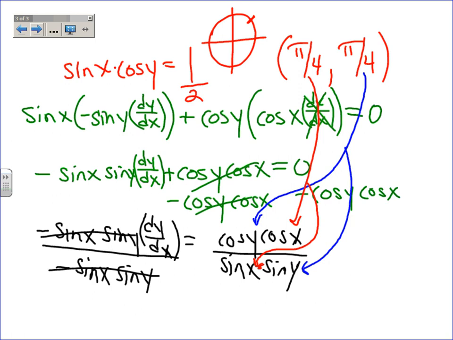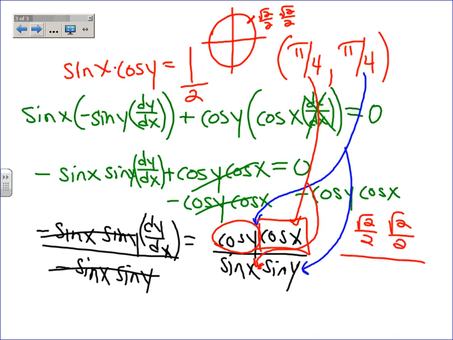At pi over 4, what are sine and cosine? They're both square root of 2 over 2. And which one's cosine again, technically? The first one, sine's the second one. So this one I just put a rectangle around is cosine of pi over 4, which is square root of 2 over 2.